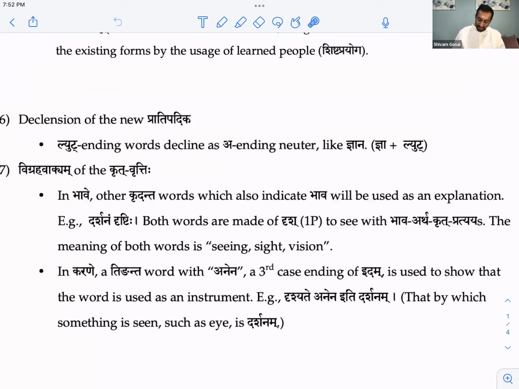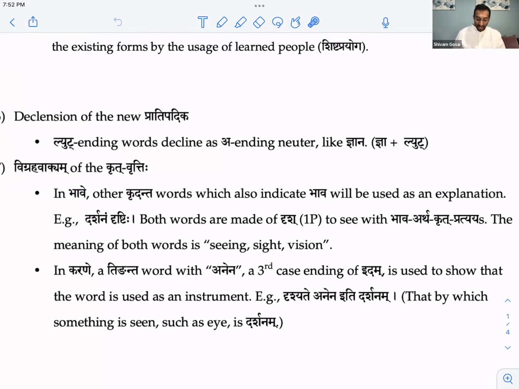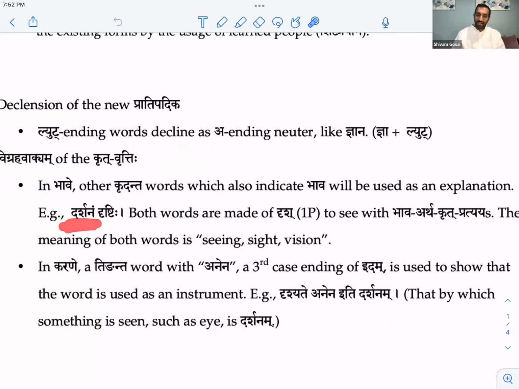Now we're trying to explain this word, darshanam. What the author or the speaker is trying to indicate by this sentence is that this word darshanam is not in bhave. It's in the sense of karana. It's the instrument of seeing.